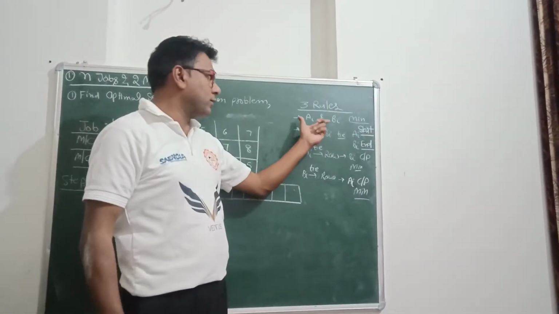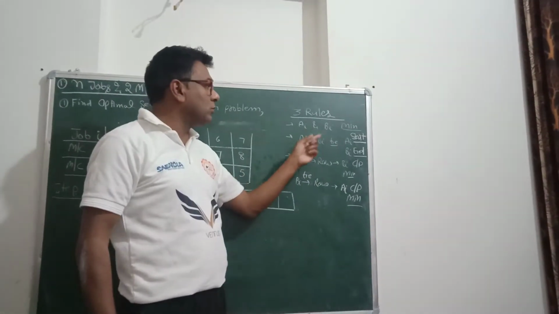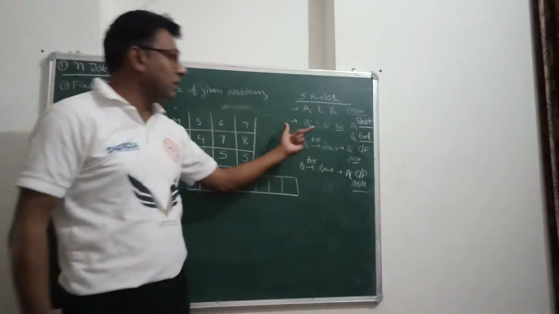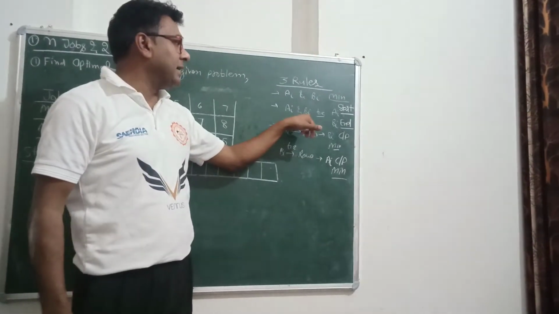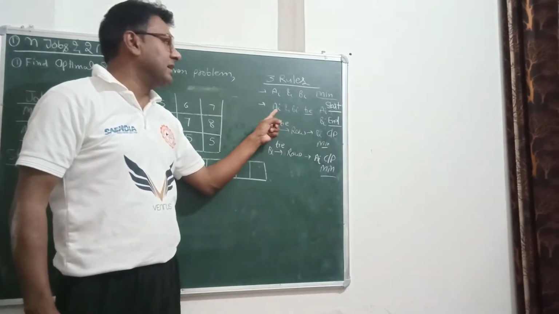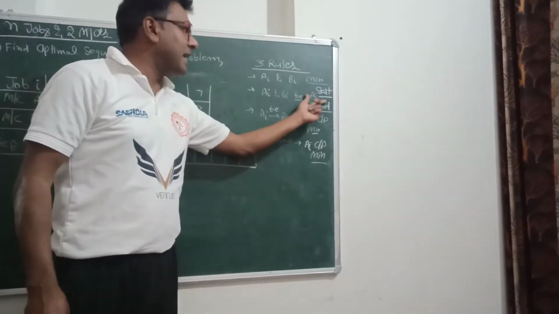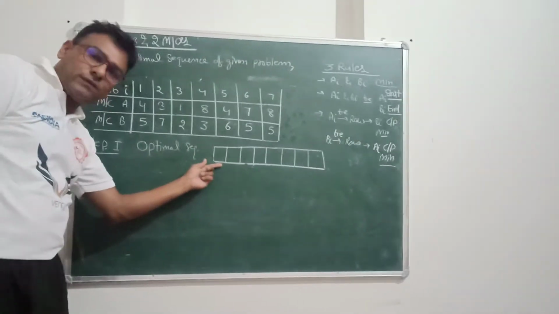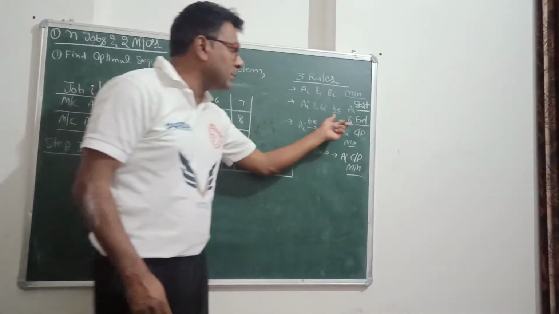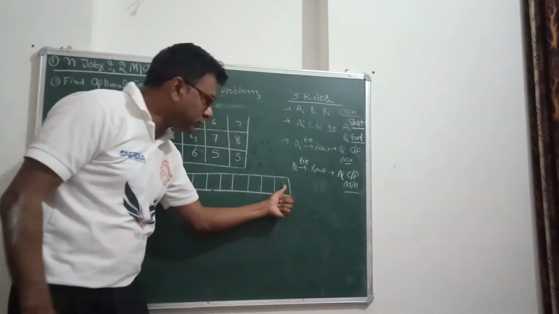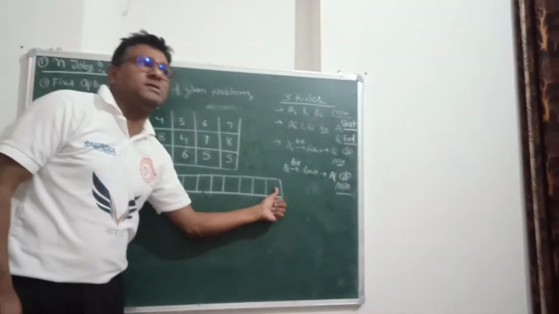This is the first rule. First of all, we have to find the minimum value from the Ai and Bi cells. Then we have to find whether the minimum value is in Ai or Bi. If the minimum value lies in Ai, then start from the starting of the sequence row, and if the minimum value lies in the Bi cells, then you have to start from the end of the sequencing row.